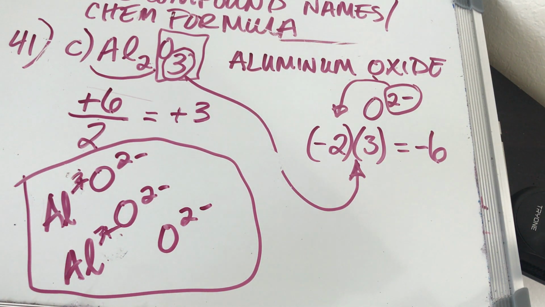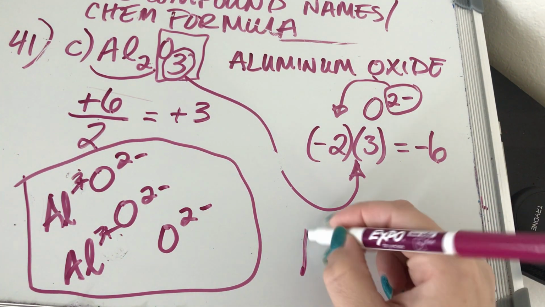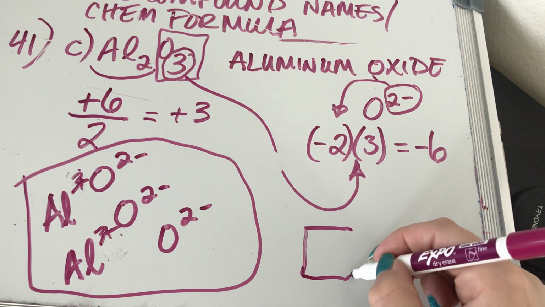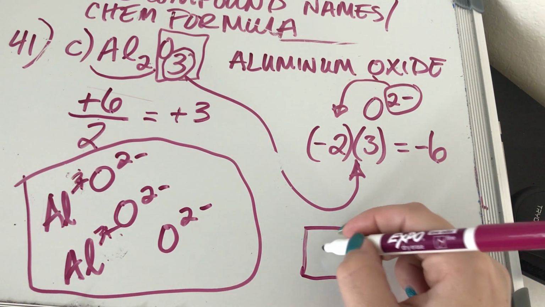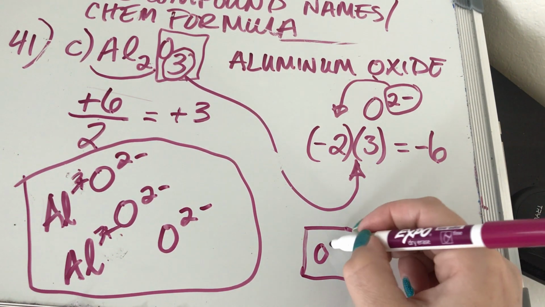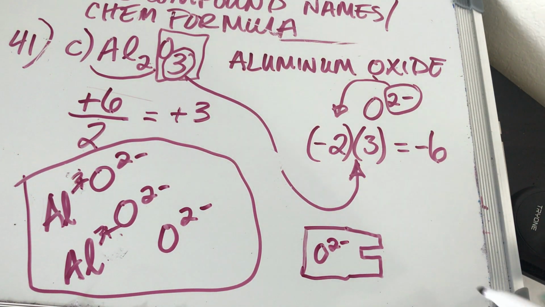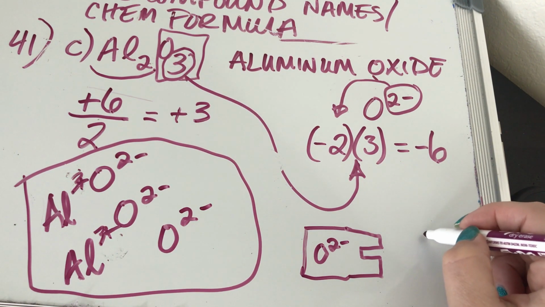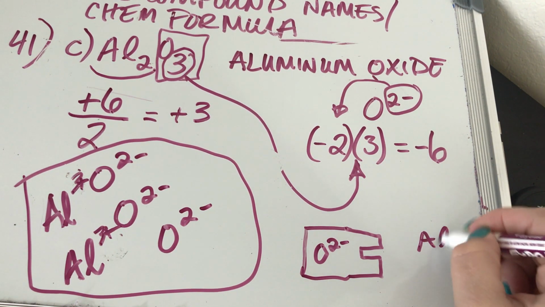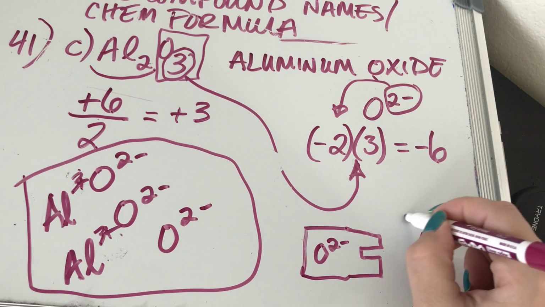One of my colleagues for the Chem 152 lab made these cards with oxygen, oxide ions, and then aluminum would be +3.